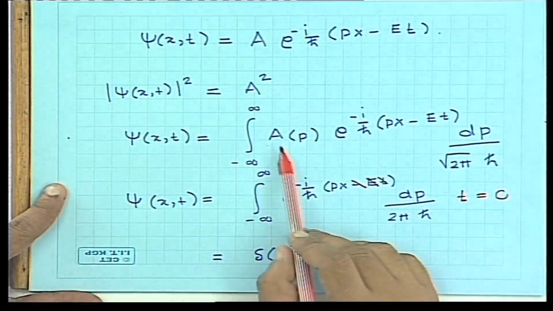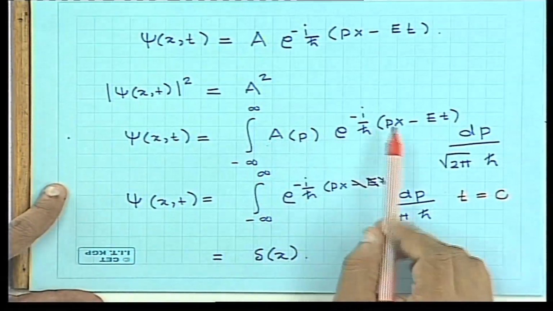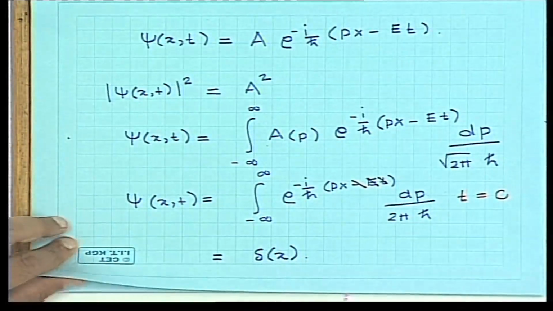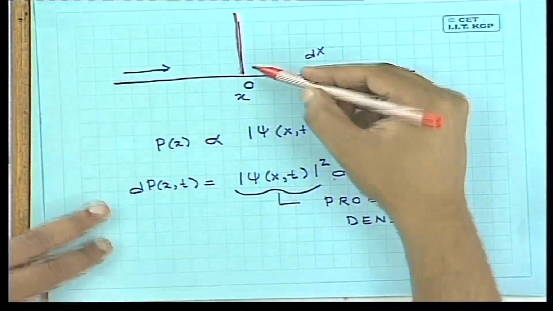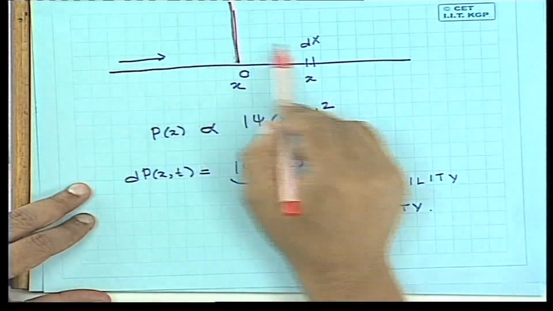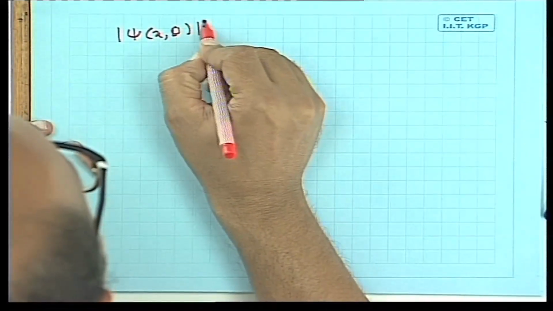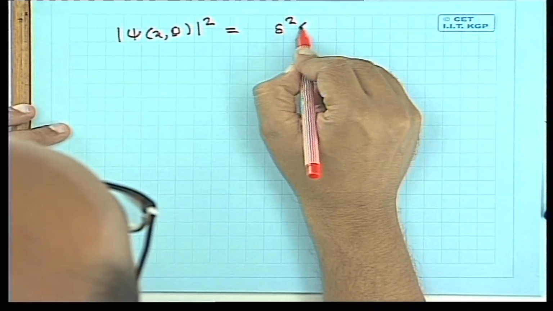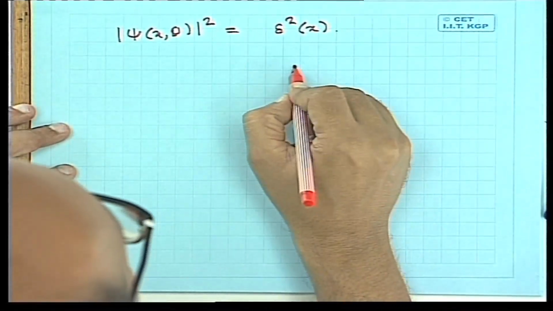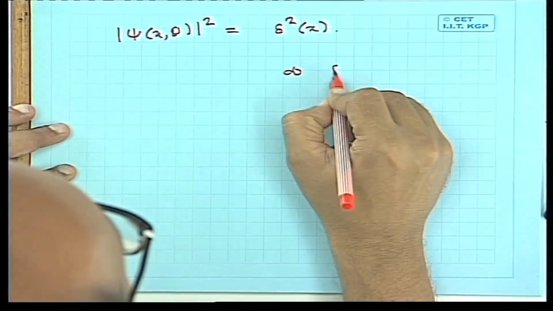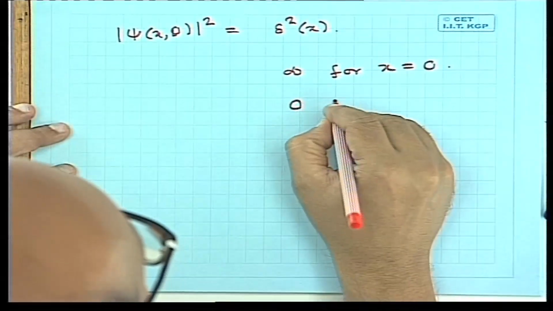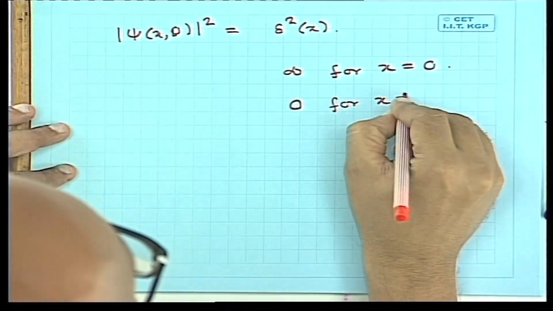At a fixed time, all the Fourier modes, all the momentum values have got equal weightage, and if I superpose them, I get a delta function which looks like this. It suddenly shoots up at x equal to 0 and it is 0 elsewhere, and the probability of getting the particle at some point x is, in this case, delta squared x, which is infinity for x equal to 0, and it is 0 for x not equal to 0.